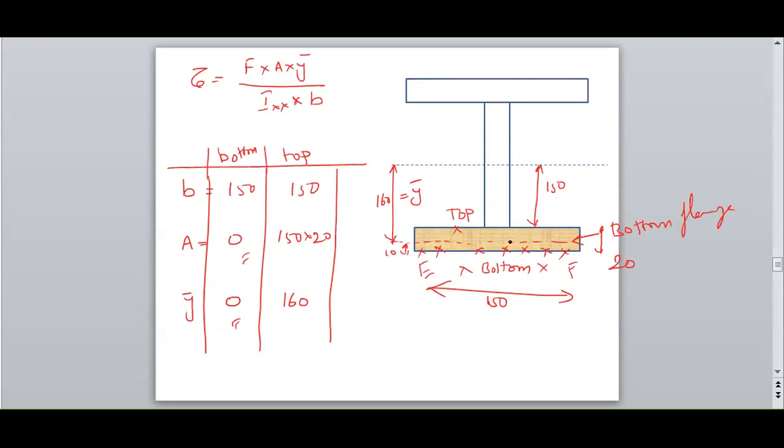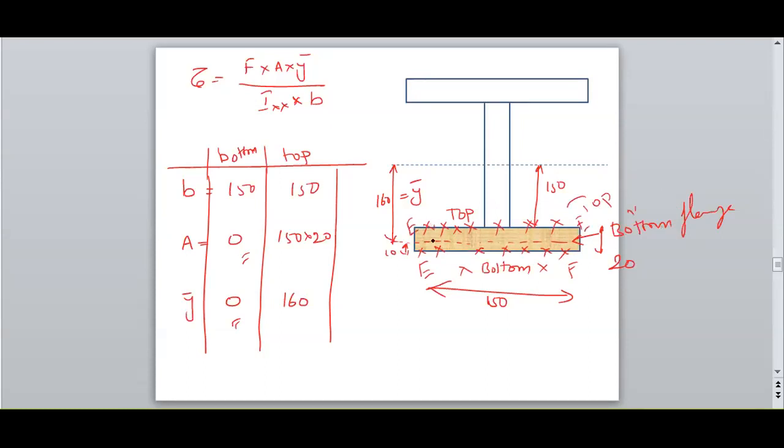I need to shift the EF line to the top of the bottom flange.